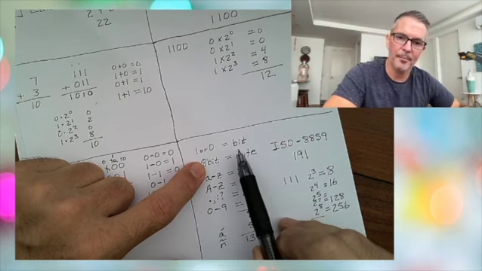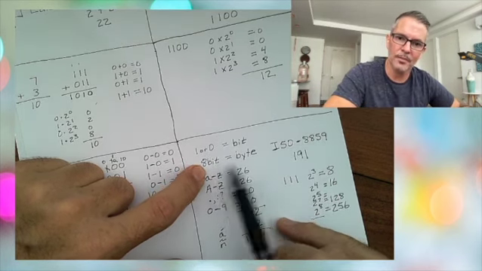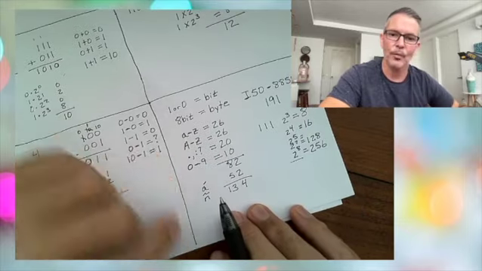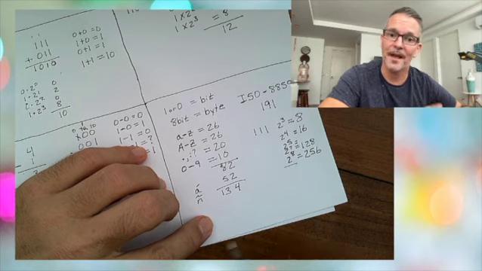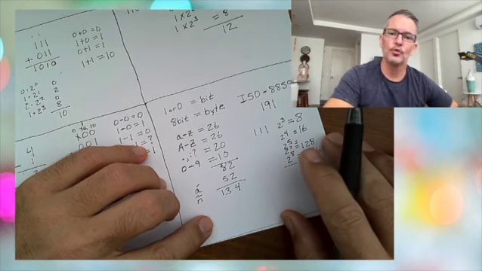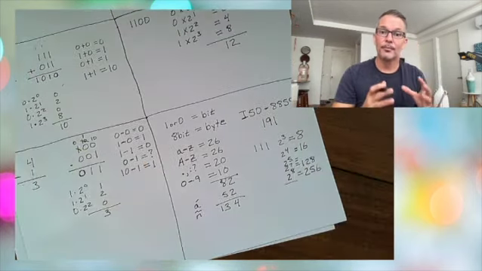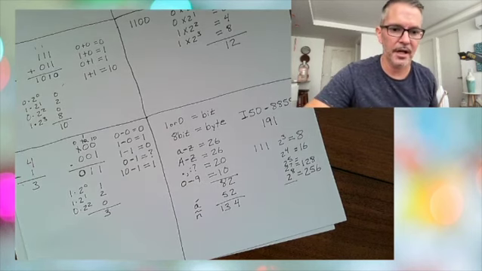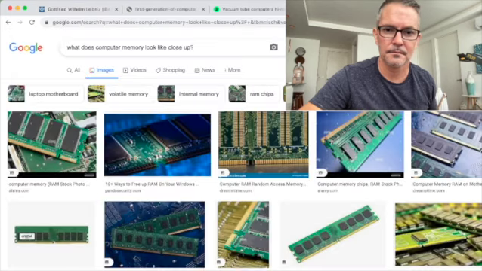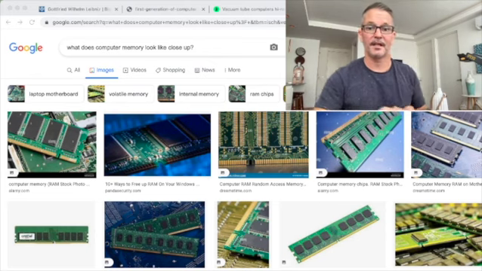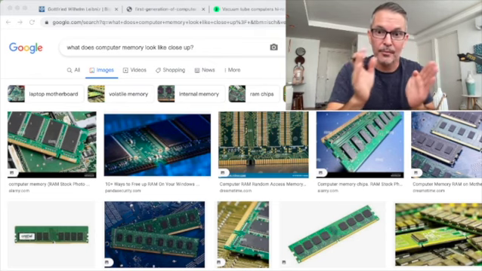So we have a bit is a single 1 or 0. A byte is 8 of them. We say that most computers are addressable by the byte. And what that means is if you have memory in a computer, let's take a look at some memory. So here we are looking at what you would recognize as a common memory chip.